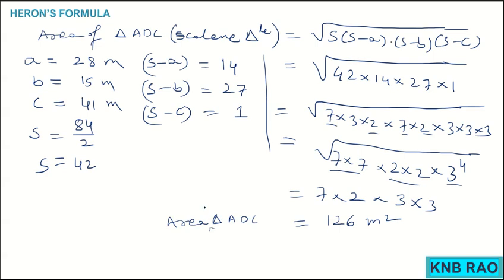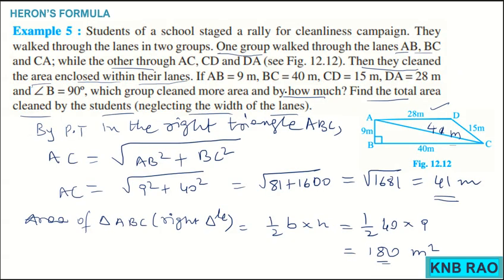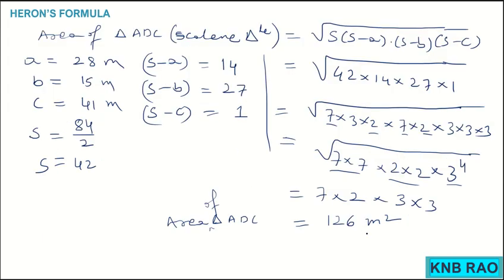Now the question comes here, find which group cleaned more, and by how much. Here group 1, that is the first group, cleaned 180 meter square and the second group cleaned 126 meter square.